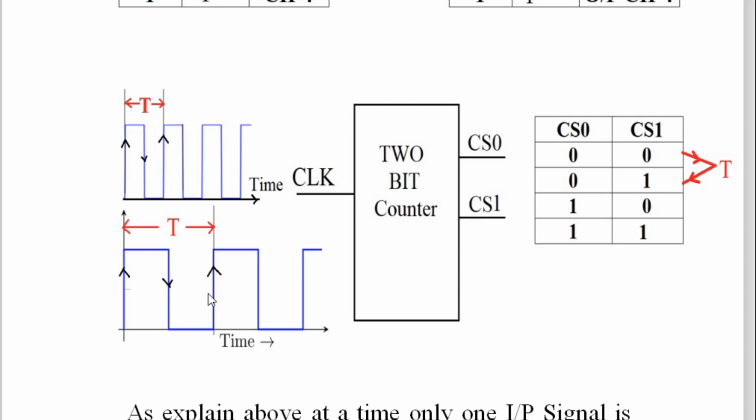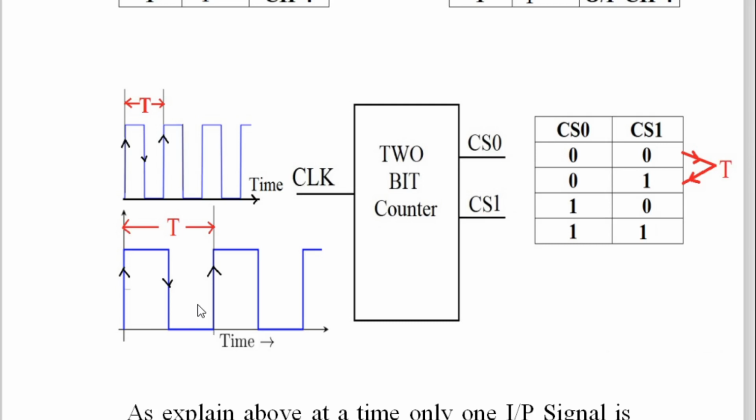Therefore, if you consider 250 millisecond, then after every 250 millisecond the output of the counter will increment, and finally again it will come back to the original status because it is a 2-bit counter. 1 second is equal to 1000 millisecond, and therefore if this time t is 250 millisecond, then 1 second will get divided into 4 parts.